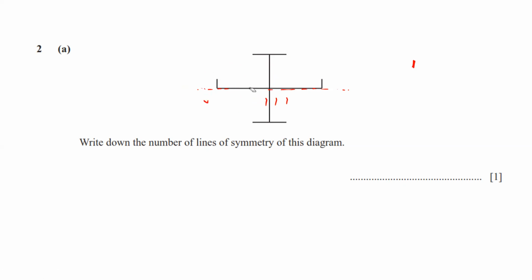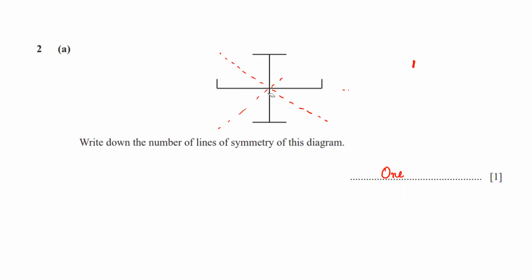If you rotate the image around this line, it will not be the same, or not symmetric. Similarly, if I take the image across this line, it will not be the same. So the only answer is one line of symmetry.